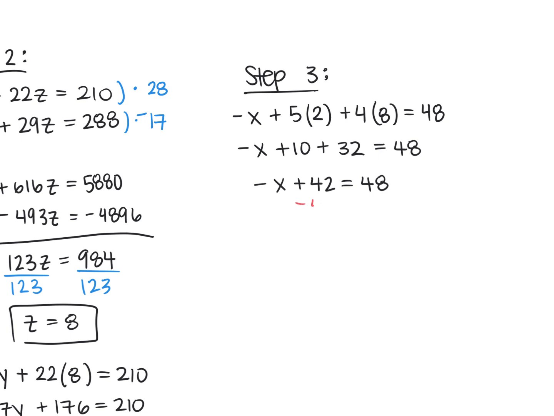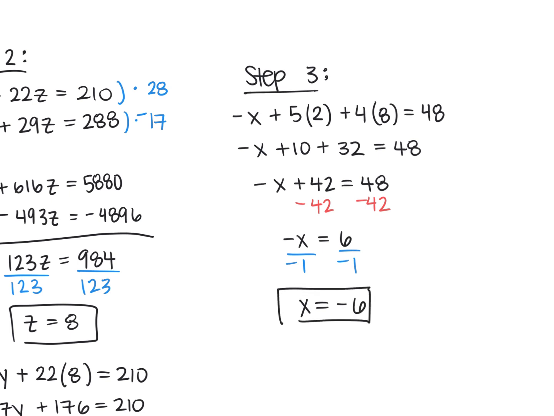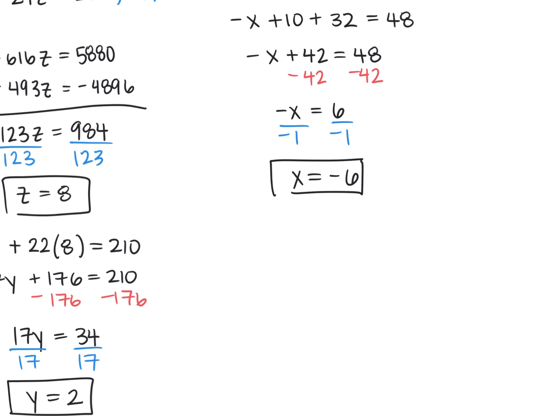We're going to subtract 42 from both sides. So we get negative x equals 6. Divide both sides by the negative 1. And we get that x equals negative 6. So again, I can leave my solution just like this, or I can write it as a point, negative 6, comma 2, comma 8.